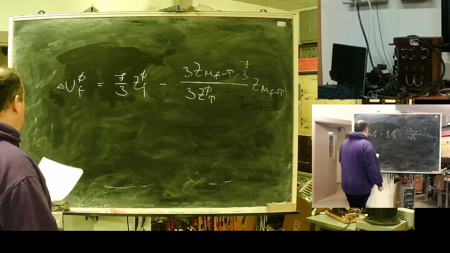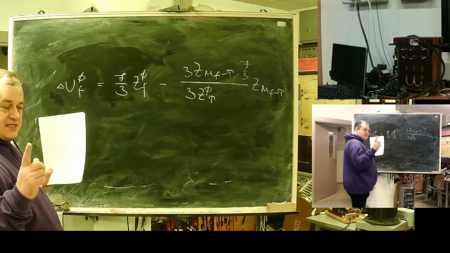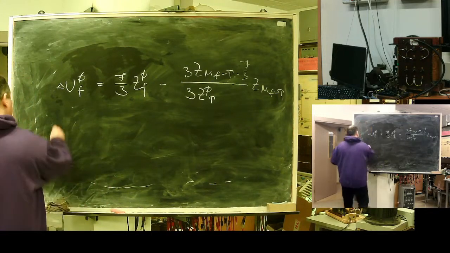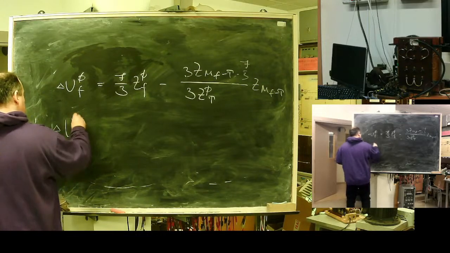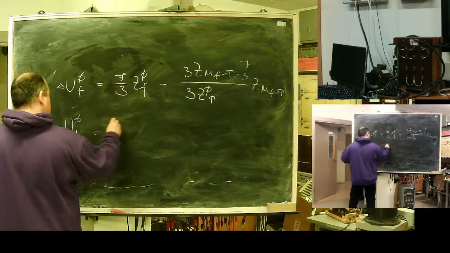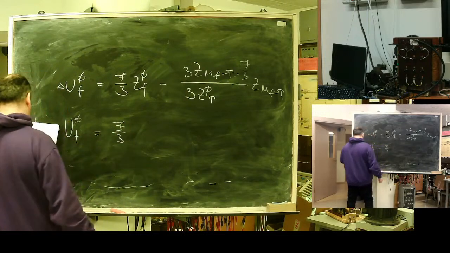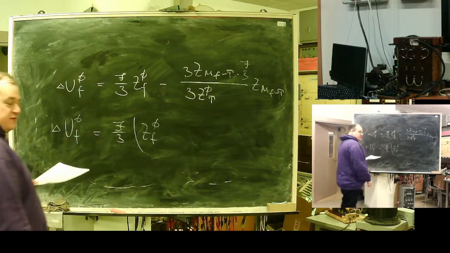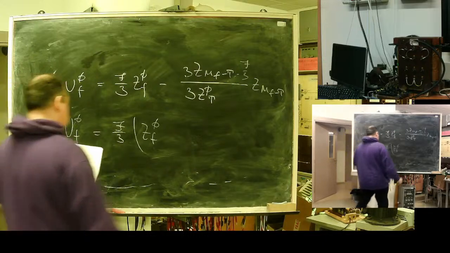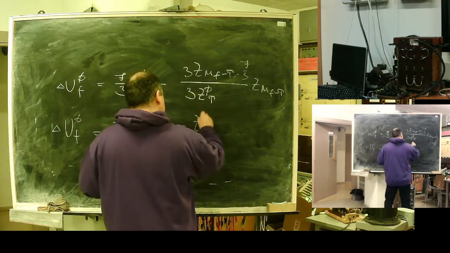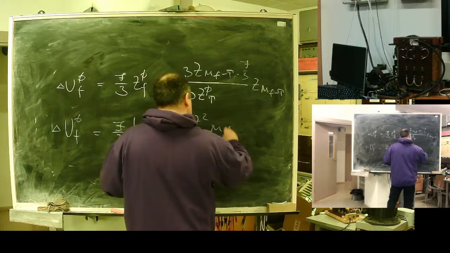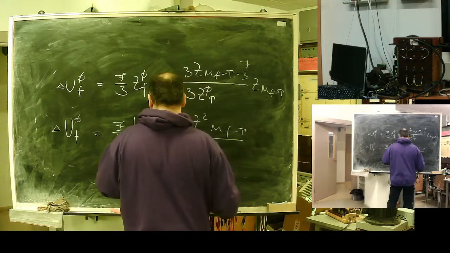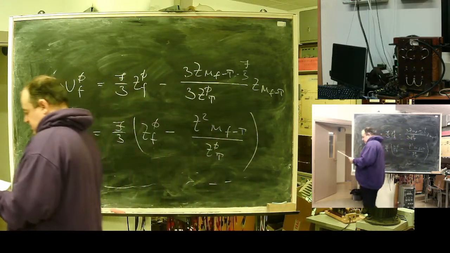So, for one stage between transposition barrels, this will be current source divided by 3, zero sequence of the phase self resistance minus the square of the mutual resistance phase to wire divided by its self resistance.